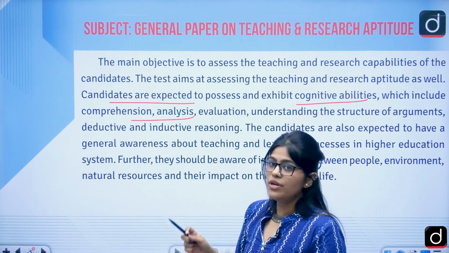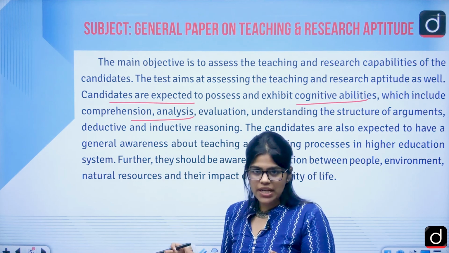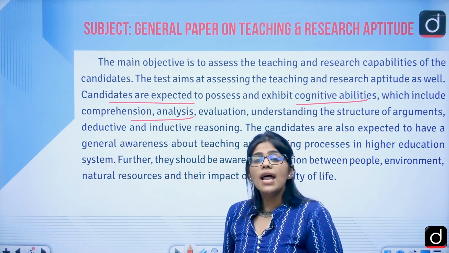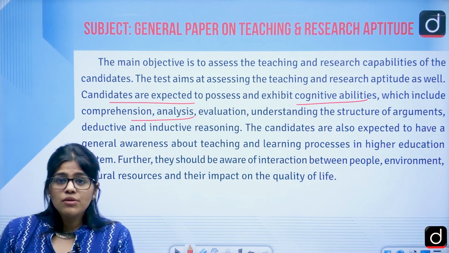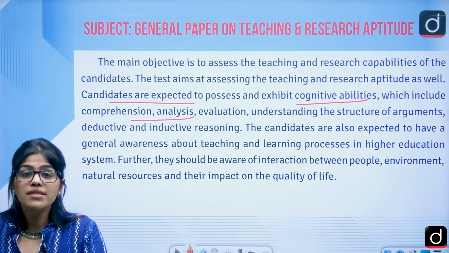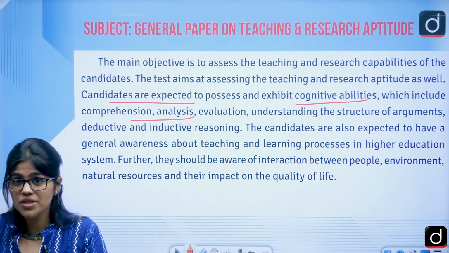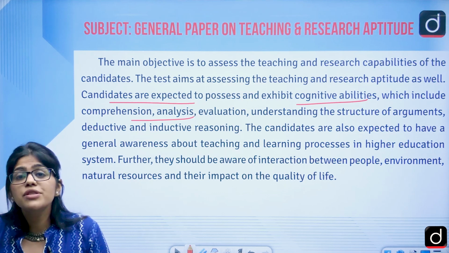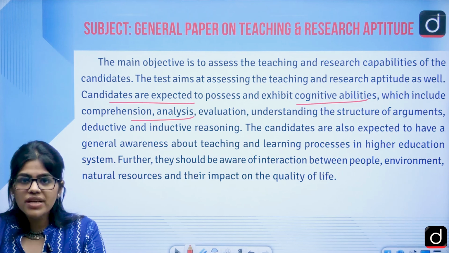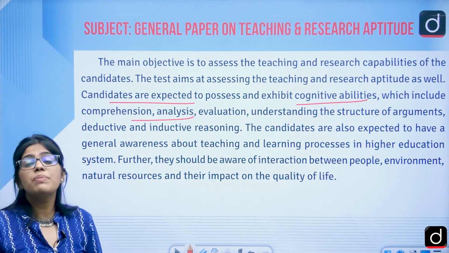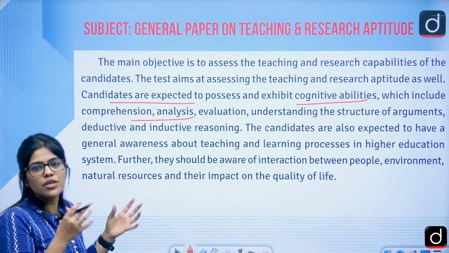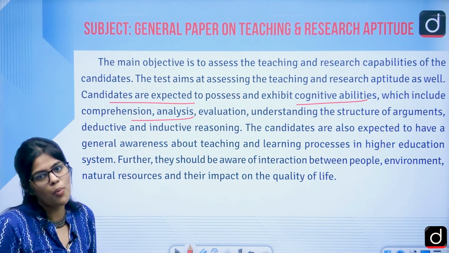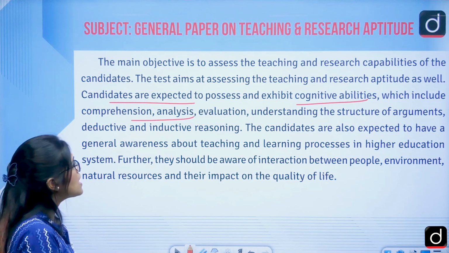I will first of all be explaining all the units. Then I will tell you which are the units that I will be taking. Also, we will not only be studying those units in greater detail, we'll be solving the PYQs in the class and dealing with practice questions. Also, we'll be giving you notes related to the topics that we'll be studying in the class.